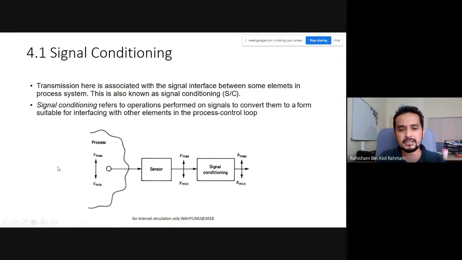The sensor measures the difference in terms of this range, and then transforms this data, whether it's maximum or minimum. This is where we use signal conditioning to transform the type of the signal into another.